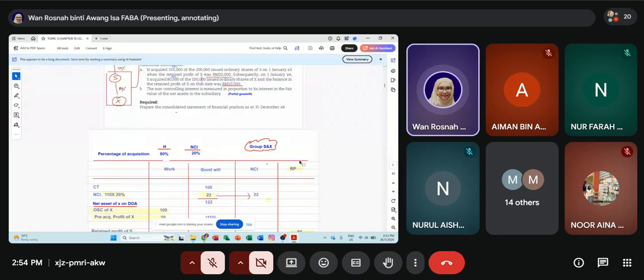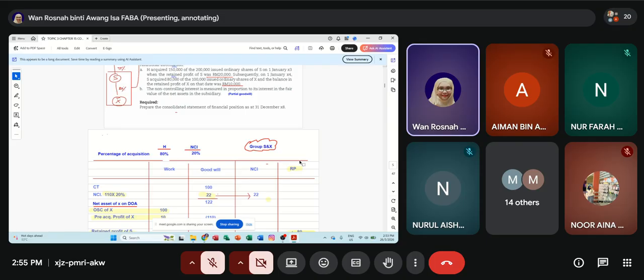In the consolidation schedule, you transfer CT, or cost of investment. In other words, total cost of investment in S. Okay, you must calculate the cost of investment plus NCI, so you will get the total cost of investment.